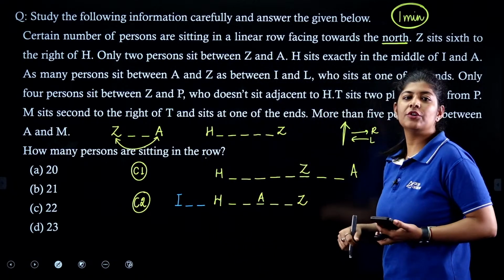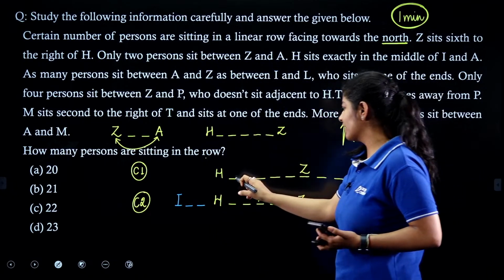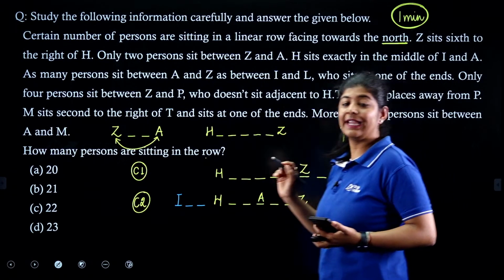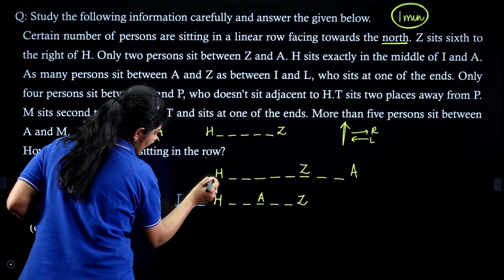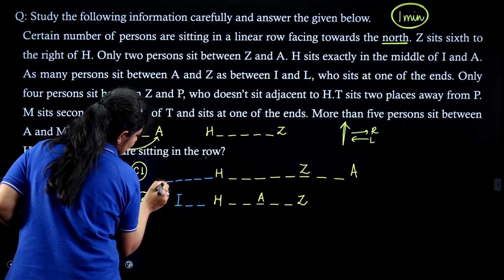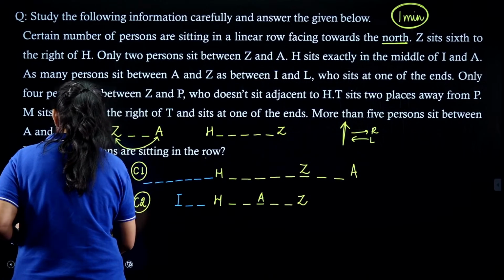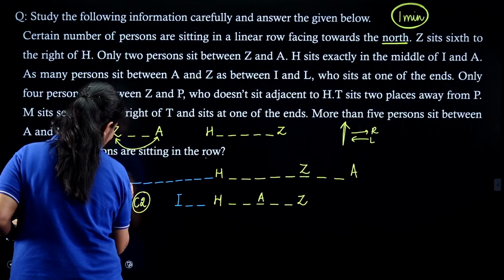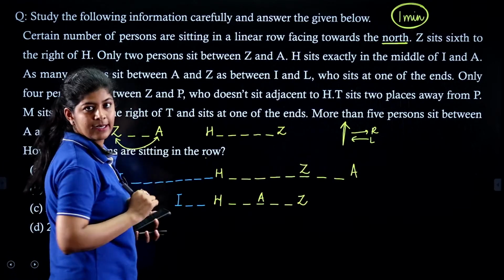In this case we need to draw some more blanks over here. 1, 2, 3, 4, 5, 6, 7, 8. 8 blanks we need to draw. So we'll draw it like this. 1, 2, 3, 4, 5, 6, 7, 8 and here we are having I, right?